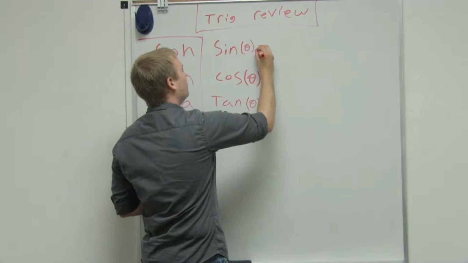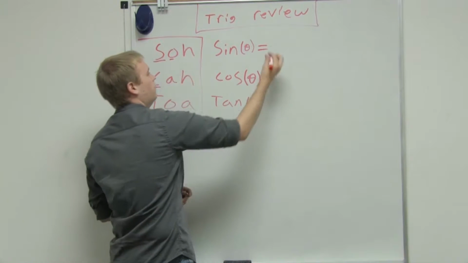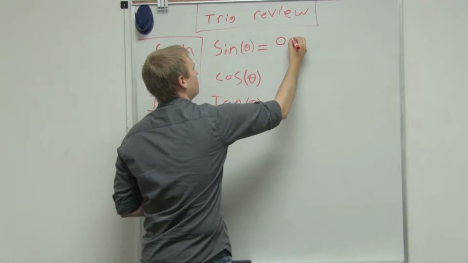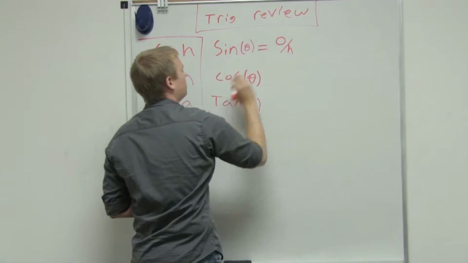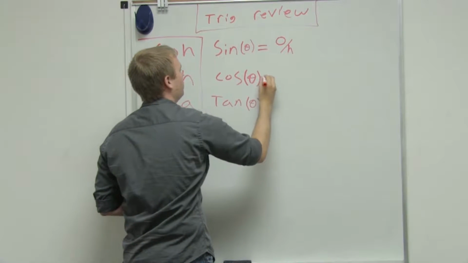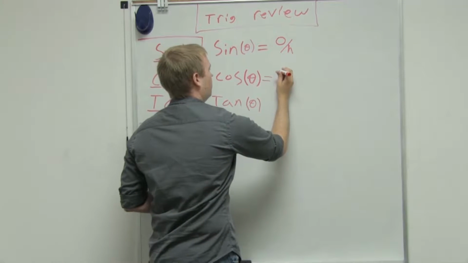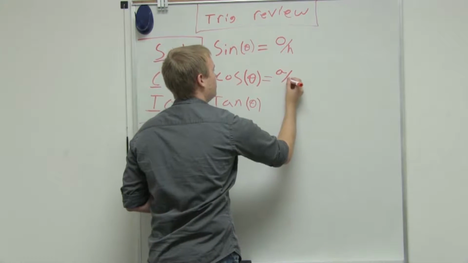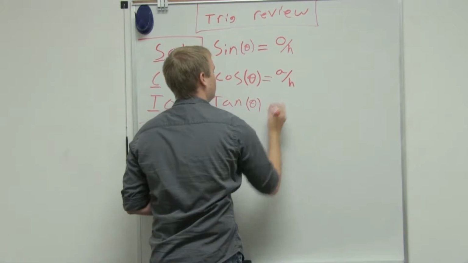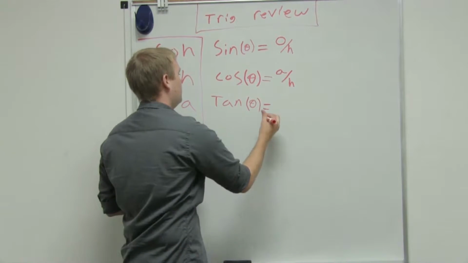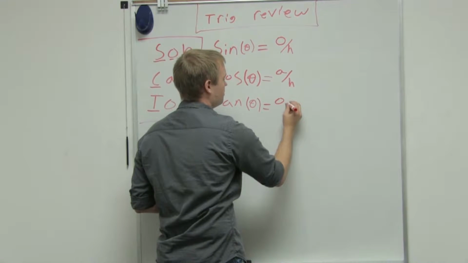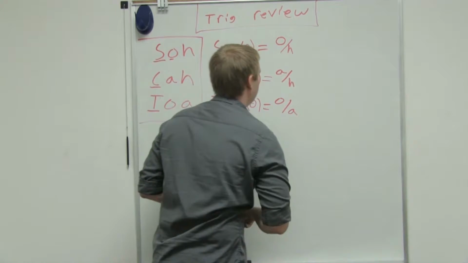So sine of theta equals opposite over hypotenuse, O stands for opposite, H stands for hypotenuse. Then cosine is adjacent over hypotenuse, and we'll get into what these mean in a second, and get a visual representation. And tangent equals opposite over adjacent.